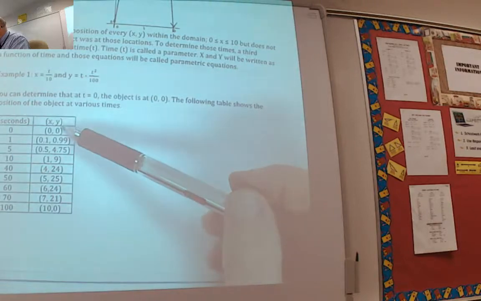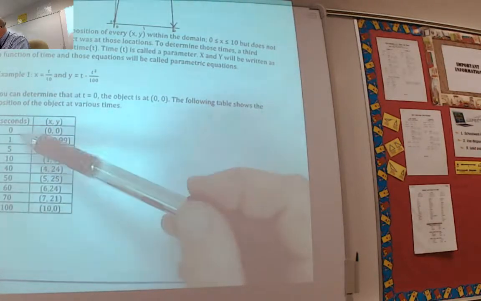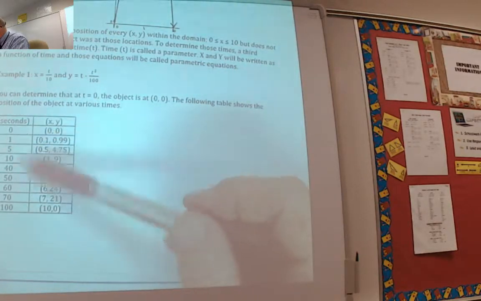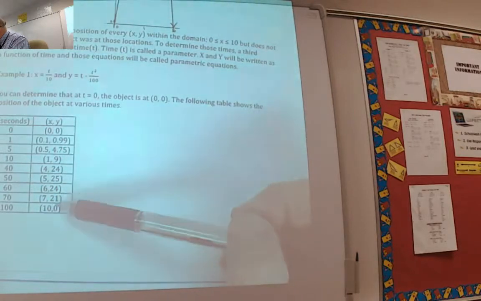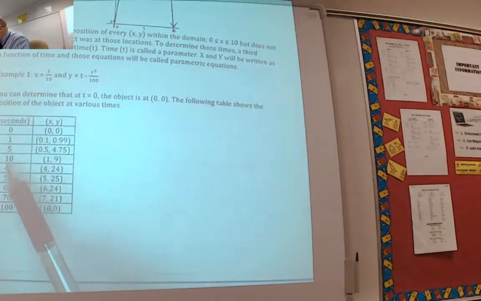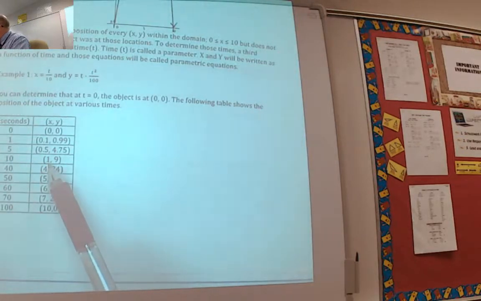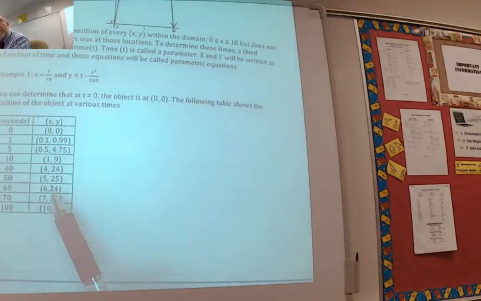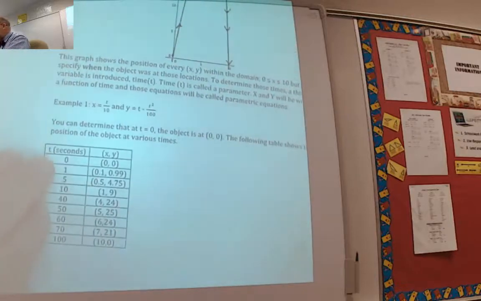And when I plugged in those time values, that's what I got for my y values. And so you could see at 10 seconds, I was at the point 1, 9. At 60 seconds, I was at 6, 24. Is that kind of making sense? So the points are generated by the time that you're given. All right, so let's look at the next page.